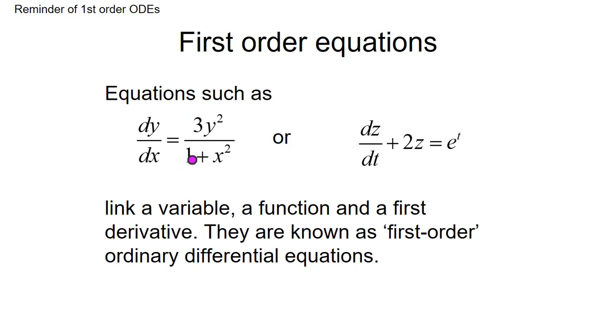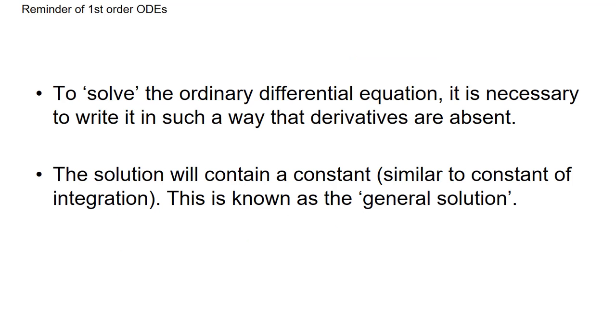Another example has variable t, function z, and the derivative dz by dt. It's a first order differential equation because in each case the only derivative present is the first derivative.